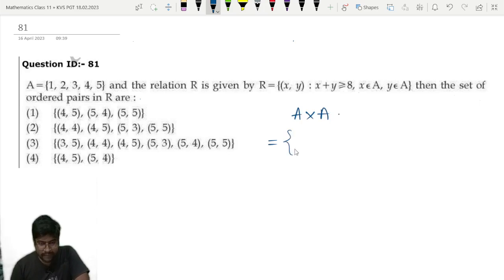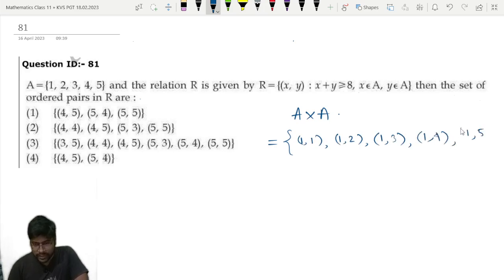A cross A, everyone can write down that 1 comma 1, 1 comma 2, 1 comma 3, 1 comma 4 and 1 comma 5.